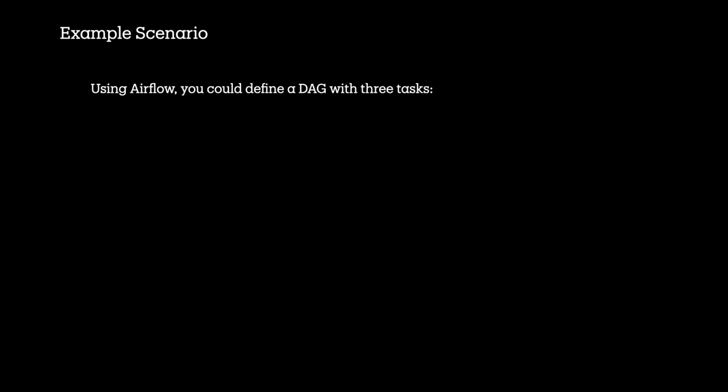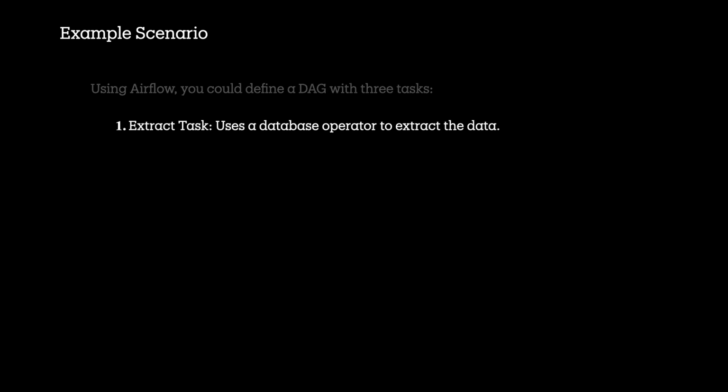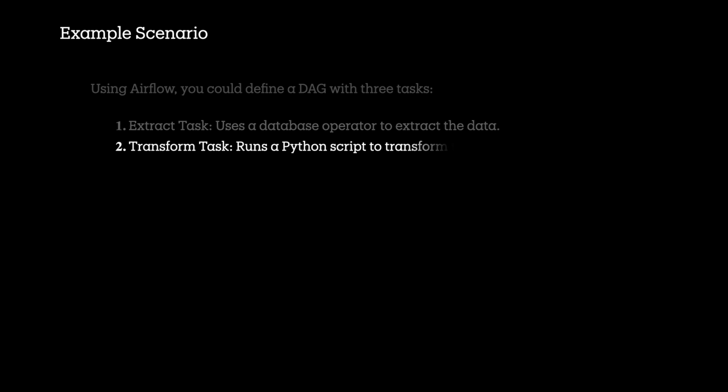So how do you solve this? Using Airflow, you can define a DAG with three tasks. The first task is the extraction task that uses a database operator. In Airflow, we have operators. For extracting data, we have a database operator. For the transformation task, we can create a Python script to perform all the transformations on the data.